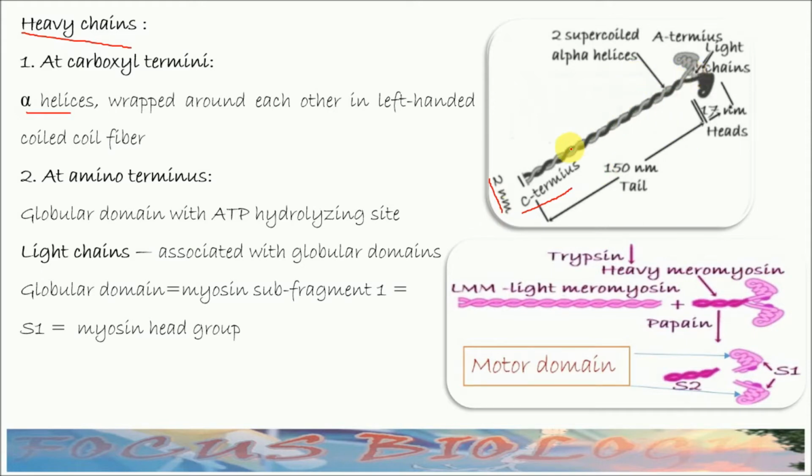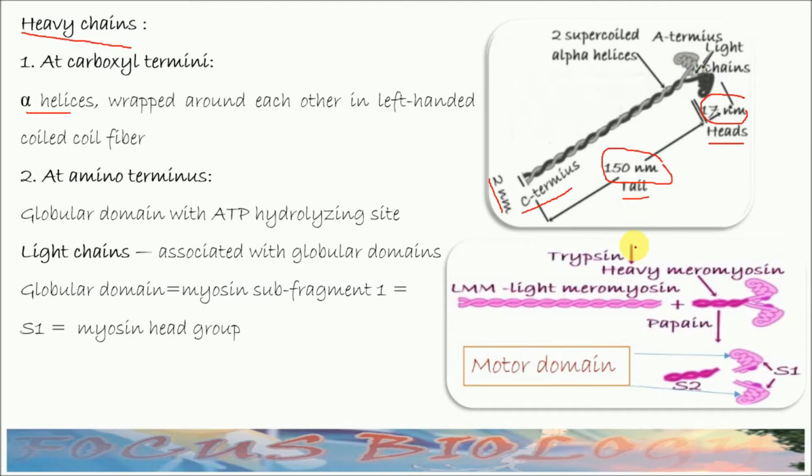Alpha helix is made up of two parts. One is called tail, which is about 150 nanometer, and another is called head. It is about 17 nanometer. This region is called head.